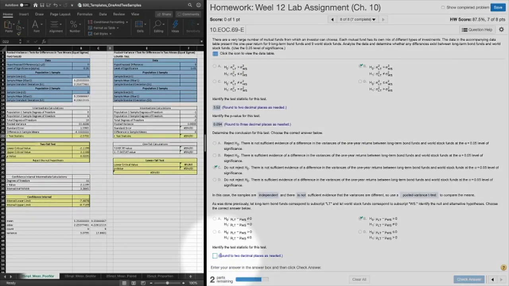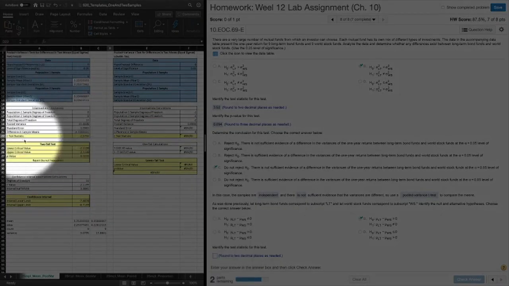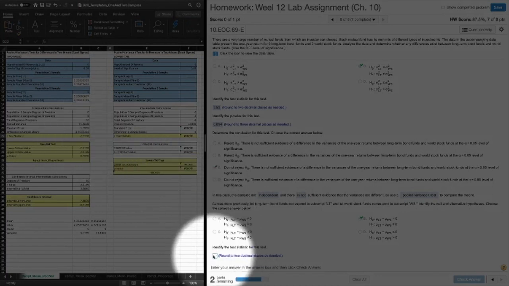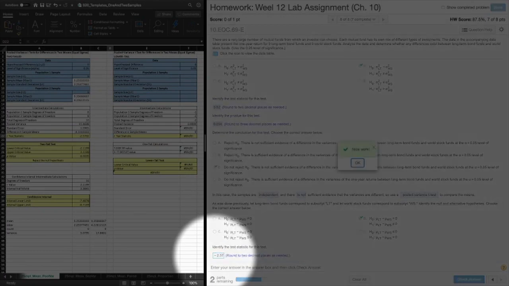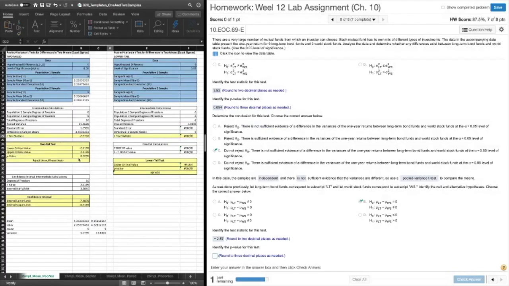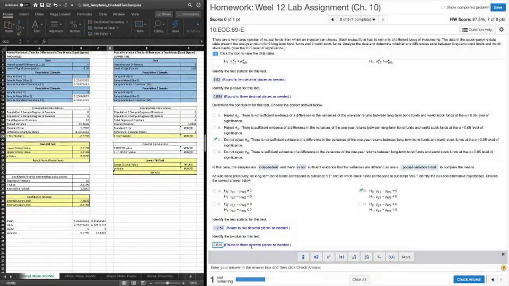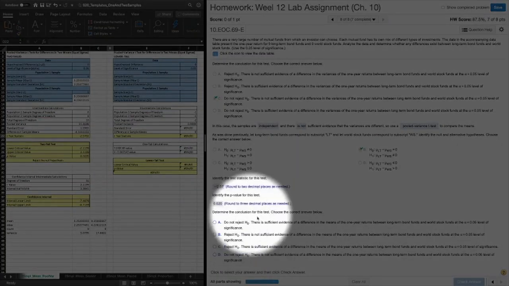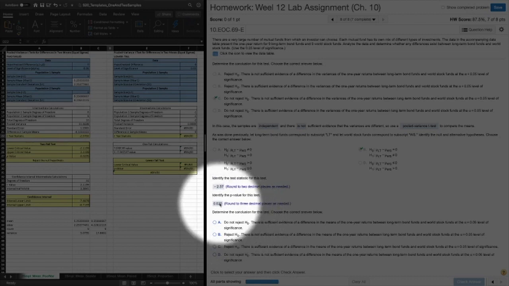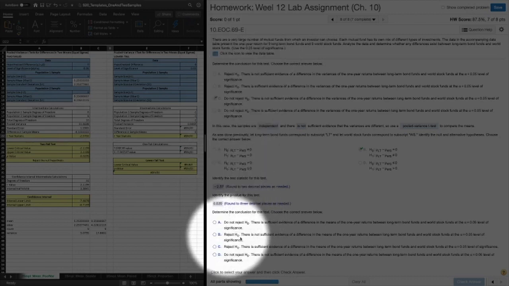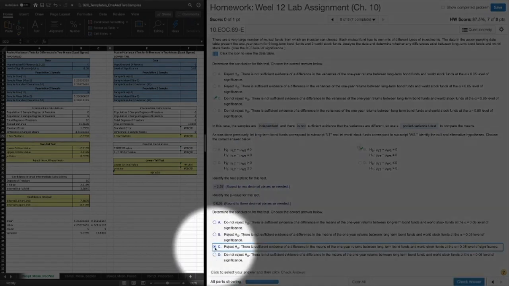The test statistic is minus 2.57, 2 decimal places. Okay, minus 2.57. P-value for the test. This time I pay attention, 3 decimals. Conclusion for the test. This is low, and it is lower than 0.05. We can reject. When we reject, it's because we have sufficient evidence to do so.